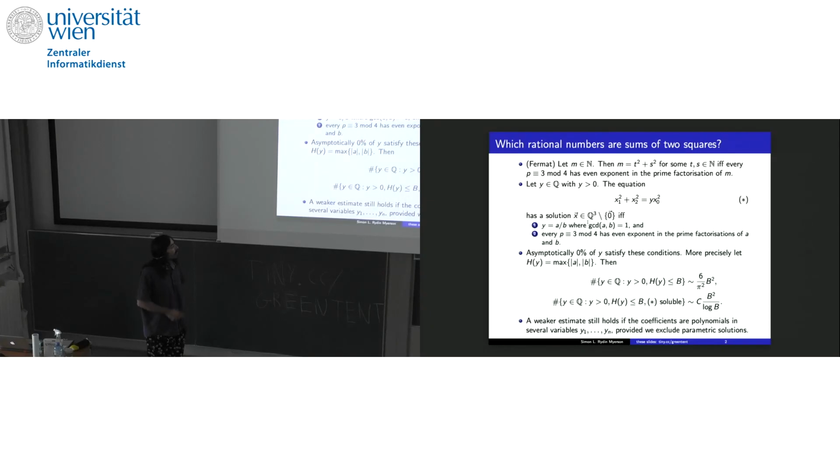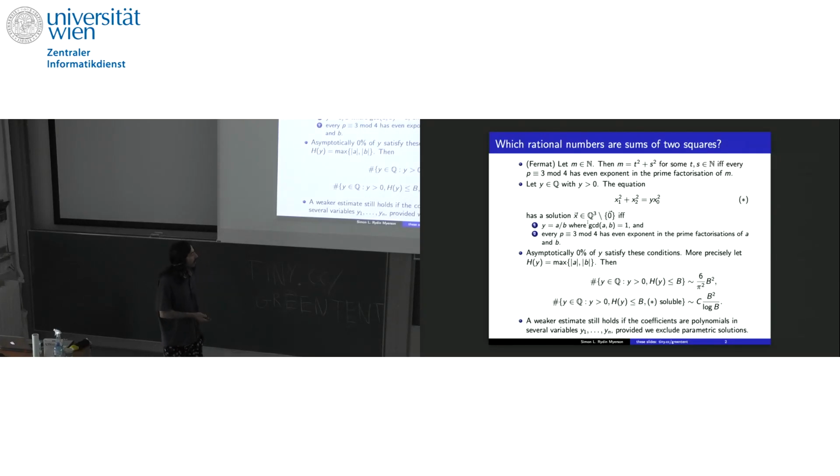So the maximum of the absolute value of the numerator and denominator is the height of the rational number. And with respect to this height, 0% of y's satisfy these conditions and are sums of two rational squares. To be precise, it's a proportion 1 on log of the height of the rational numbers, sums of two squares.